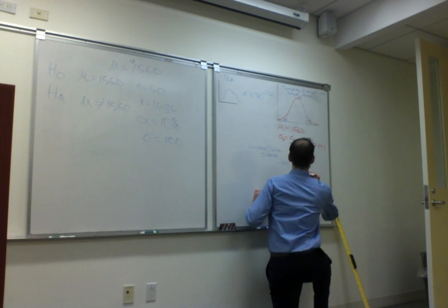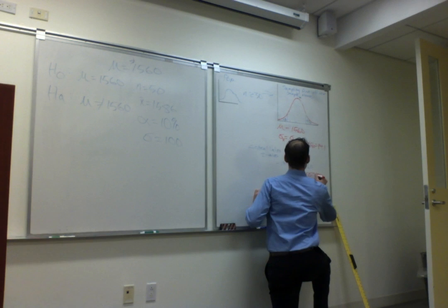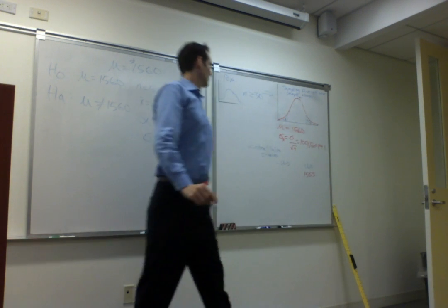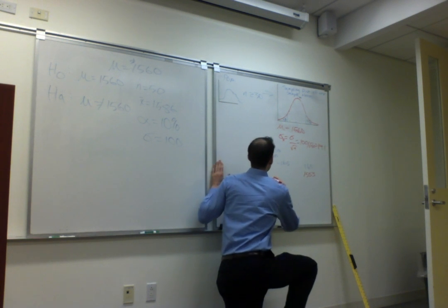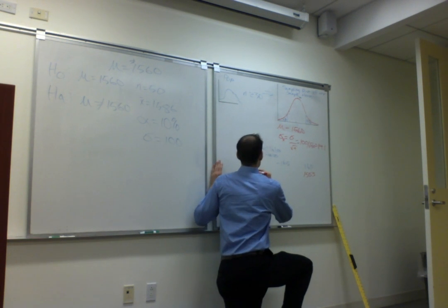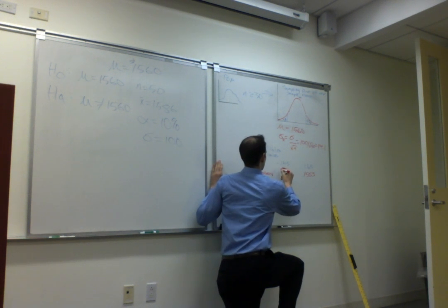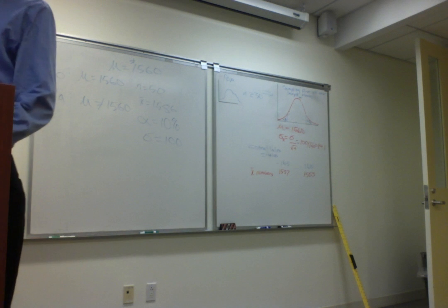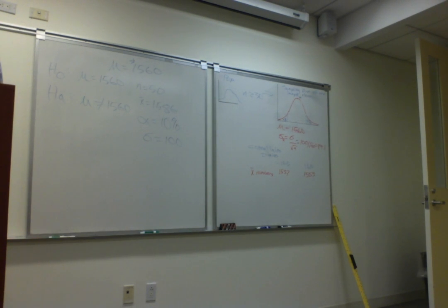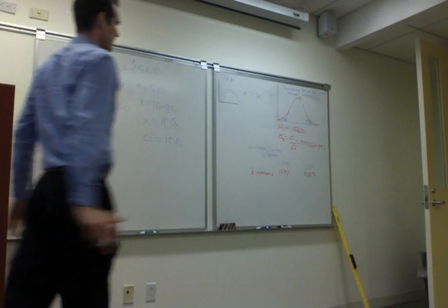Okay. 1583. And how about on the low side? 1537. How much? 1537. 1537? Let me double check. Yes, it's about what I got. Okay. Good.